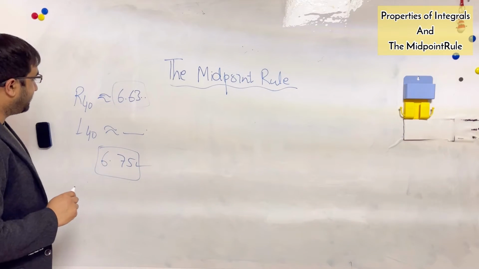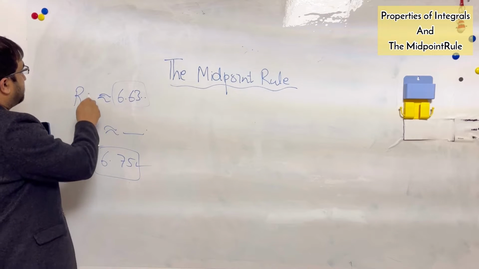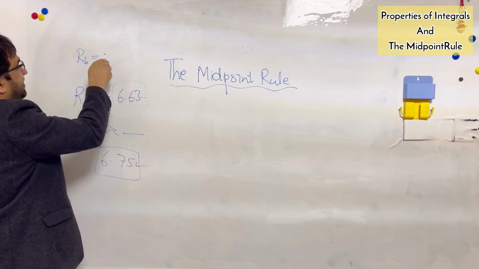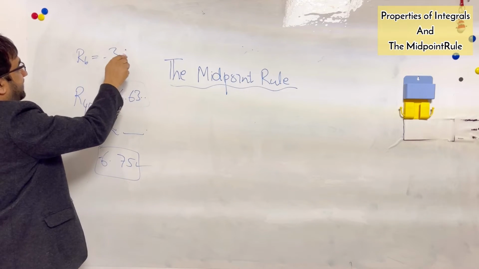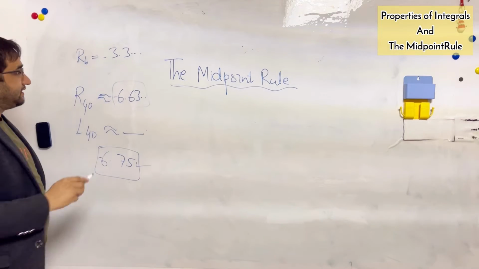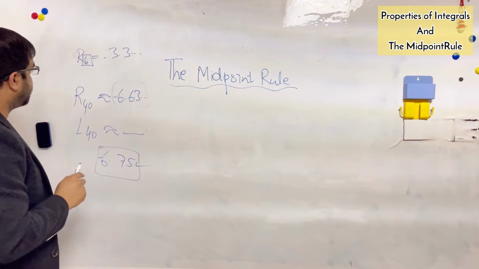And we saw that when we calculated R6 first, we got an answer something like minus 3.3 something. So it was because we used fewer subintervals.